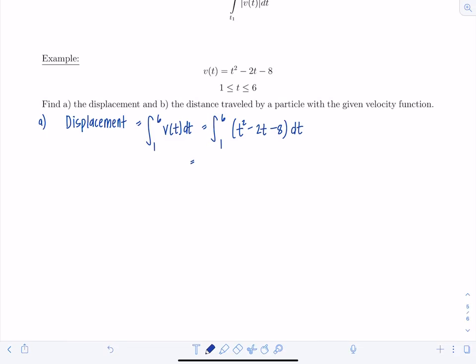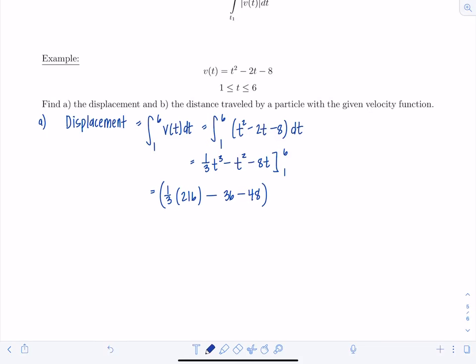And I can easily just antidifferentiate term by term. So the antiderivative of t squared is 1/3 t cubed. Then I'm going to have minus t squared minus 8t evaluated from 1 to 6. Now I'm going to substitute my upper limit of integration. So I'm going to have 1/3 times 6 cubed, which is 216, minus 6 squared, that's 36, minus 6 times 8, that's 48.